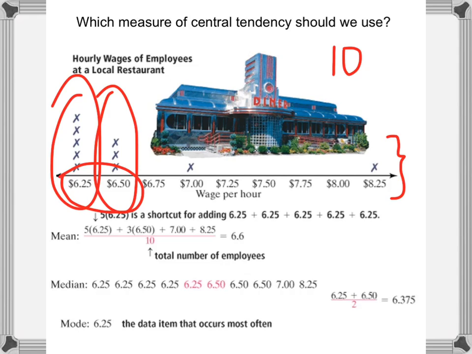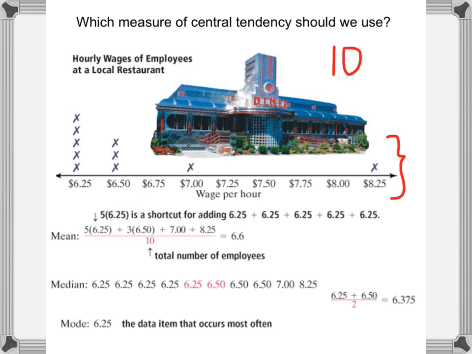So certainly we're looking for a measure of central tendency that reflects our intuition that if I'm asking what the average salary is that employees receive at a restaurant, it's going to be mostly between these two. So we get the mean. Now they performed a shortcut in their calculation, which is really important to note. There are 5 employees that receive $6.25, so instead of adding $6.25 5 times, they multiplied $6.25 by 5.